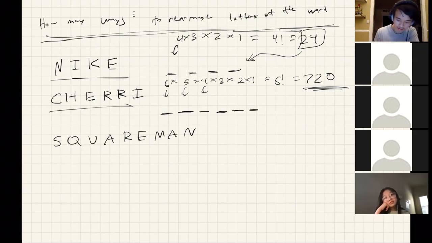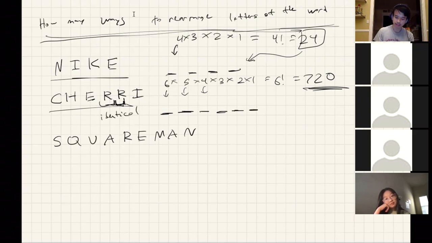But the unfortunate thing is that R and R are the same exact letter. So it doesn't matter which R comes first, right? There's no way to distinguish between the R's. They're identical.